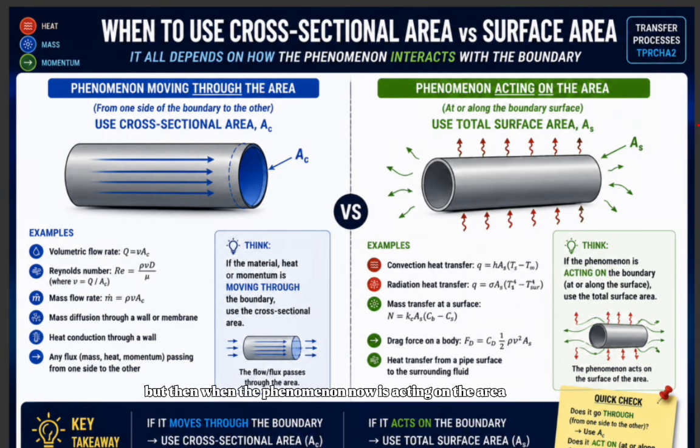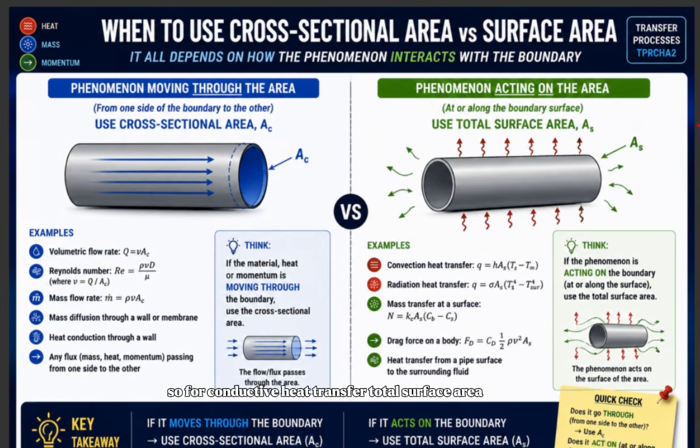But then, when the phenomenon is acting on the area, let's say you've got something inside the pipe that is diffusing through the pipe walls to the outside. That becomes the total surface area that is available. So for your rate, whether it's mass transfer rate or something that is acting on an area, normally it is going to be the total surface area.